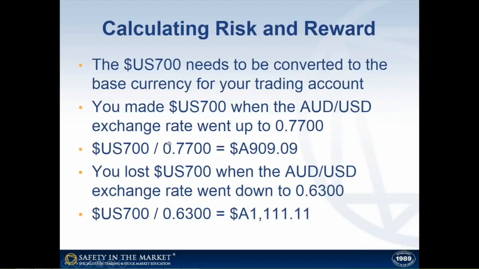When you're converting $700 at 0.77, it converts to 909 Australian dollars. When you're converting it at 63 cents, it converts to 1,111 Australian dollars. Big difference there. It's a $202 difference between those two amounts, even though it was a 10% move up and a 10% move down.